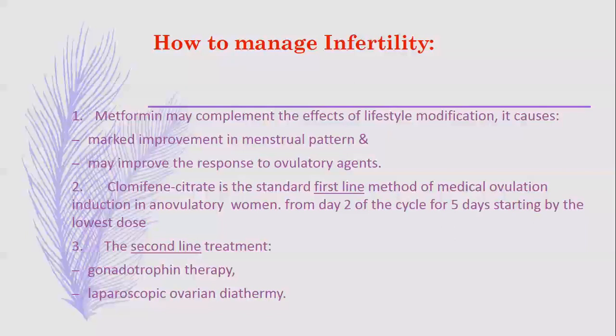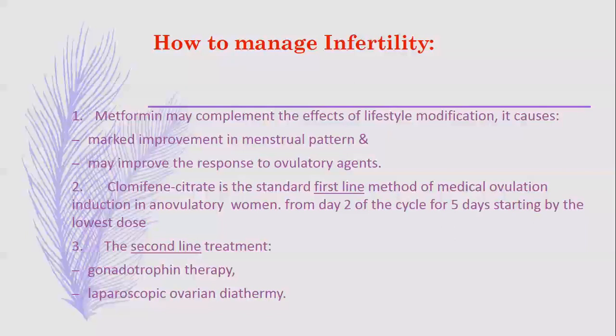Then we stimulate the patient with clomiphene citrate. It is regarded as the first line management, and all the new guidelines till now give clomiphene as the first line method of ovulation induction in patients with polycystic ovary syndrome.